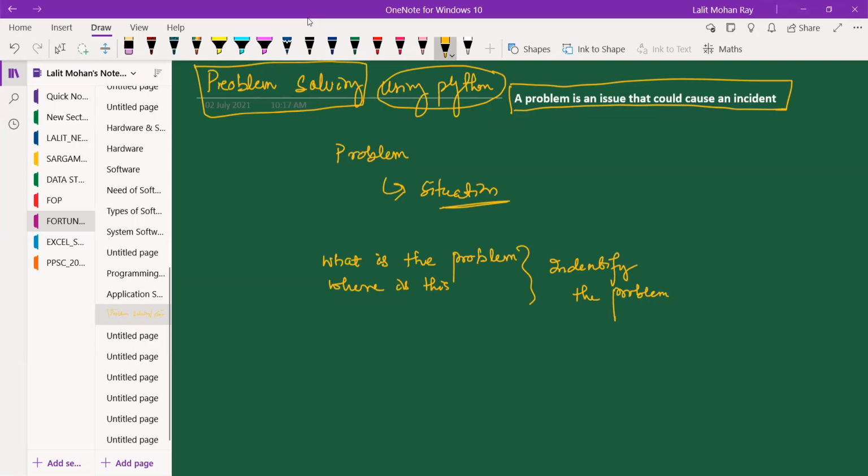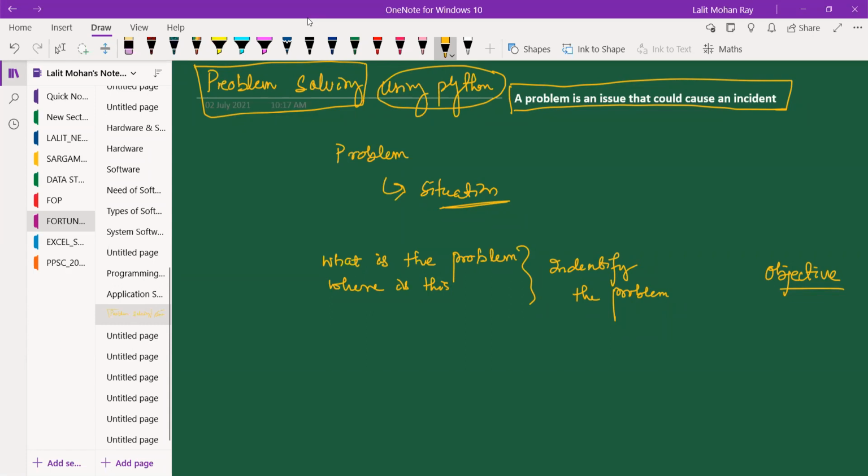Then we can define. When we find the problem, where it is occurring, and what is that, and what is the objective of this problem, we have to find that objective. Without objective, nothing can be done. So we must know the objective.